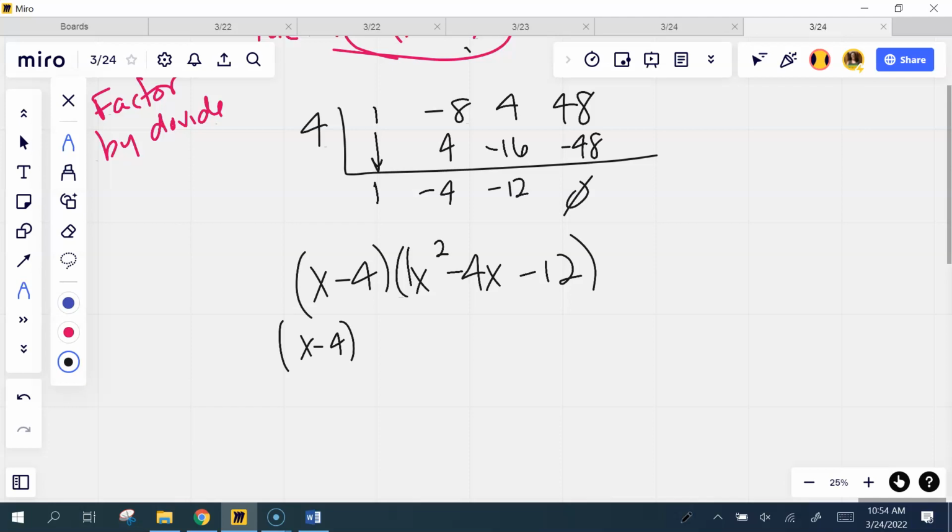What multiplies to negative 12 but adds to negative 4? There you go. 6 and 2. But this problem did not even ask me to factor it completely. It asked me to find all the zeros given that one zero. So what are all the zeros of this problem? 4, 6, and 2.